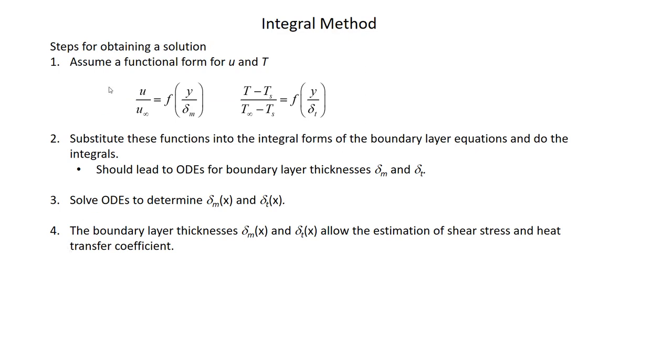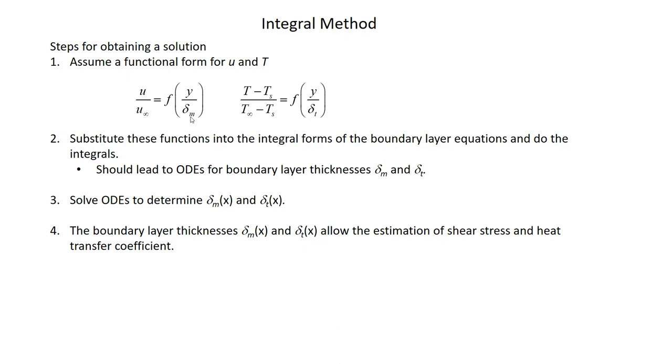And the first step is you assume a functional form for the velocity and the temperature, right? And so this is kind of interesting. You are assuming that you know what u over u infinity looks like as a function of y over delta sub m, right? And obviously what you assume here will impact how accurate, how realistic your solution finally is.